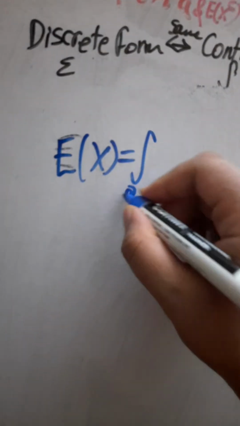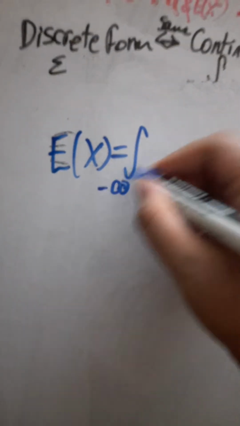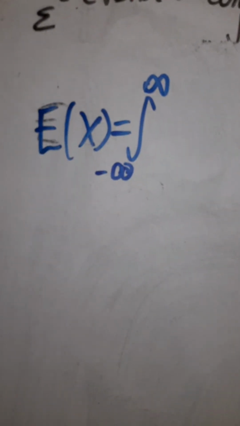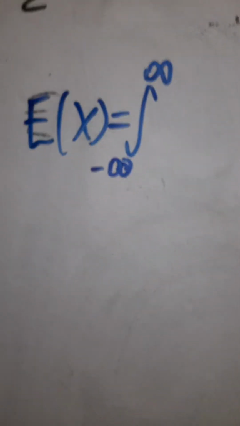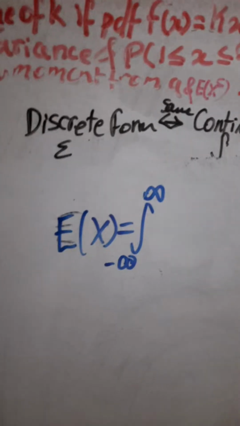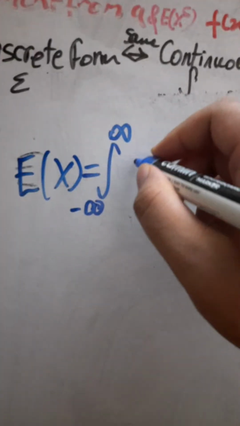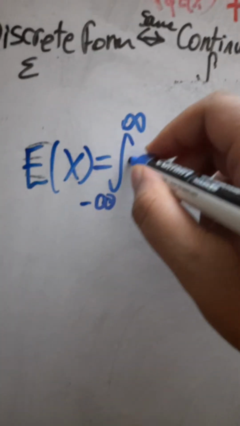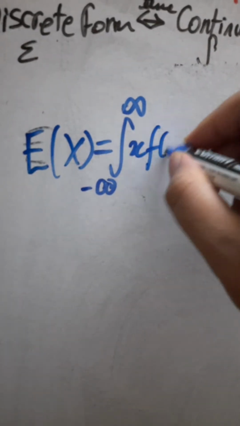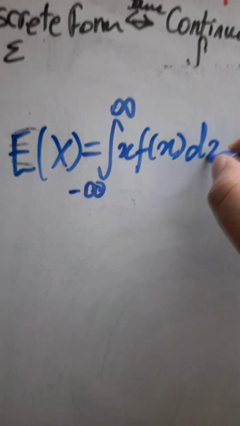So what I do is E of x equals the integral from minus infinity to infinity, like all the numbers you can expect, because the mean is common for everything, of x f of x dx.